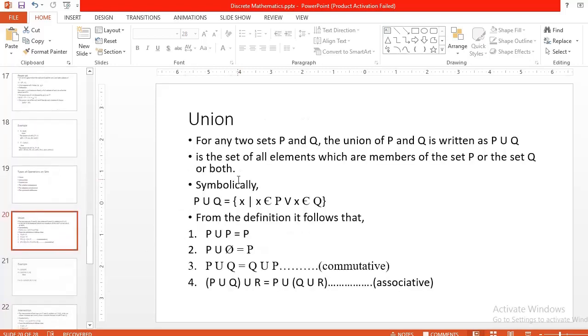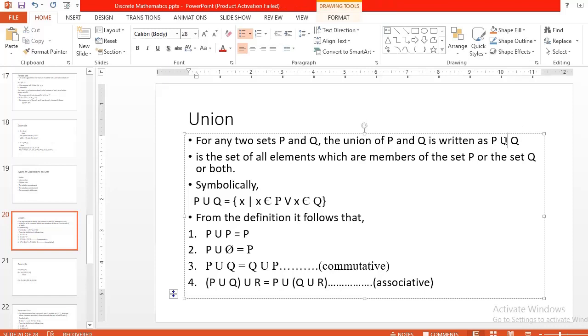So the first operation on sets is the union. From the word you can understand what is meant by union. Union means the combination, or you can unite the two sets and get a new set. So see here the definition of union. For any two sets P and Q, the union of the sets P and Q is written as P union Q. This is the symbol of the union.